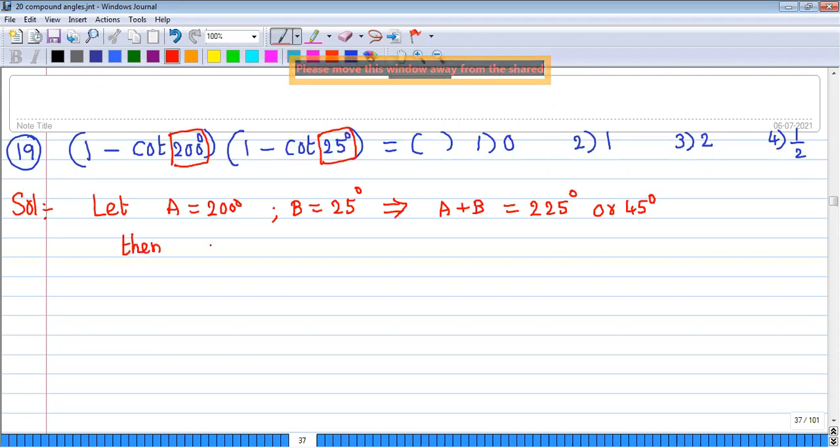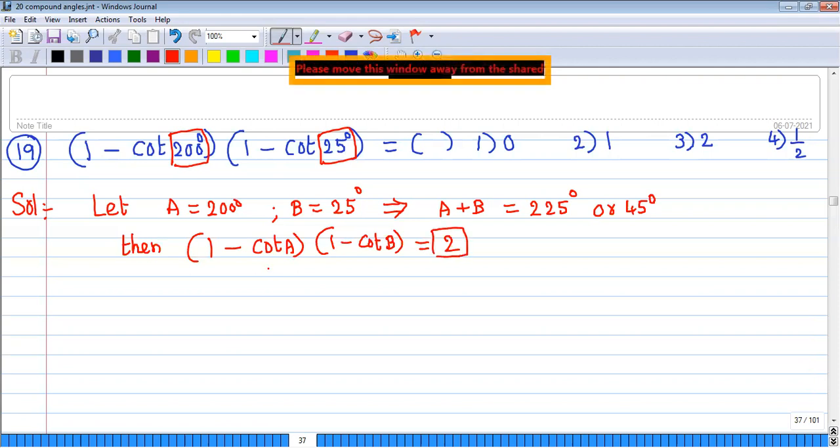Then 1 minus cot A into 1 minus cot B is equal to 2. Whereas 1 plus cot A into 1 plus cot B is equal to 2. So this is the third option.